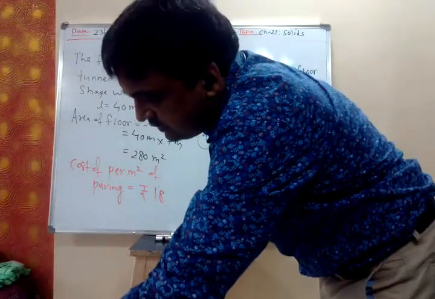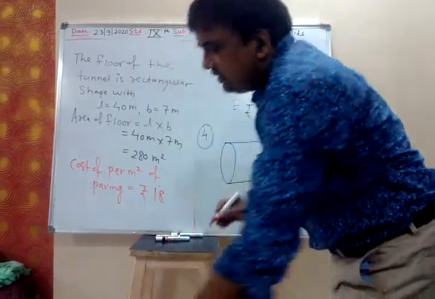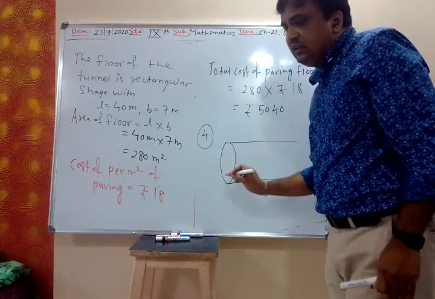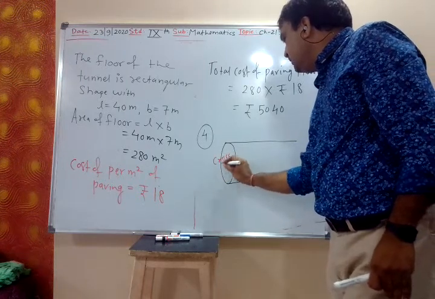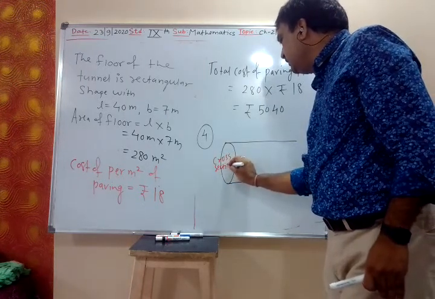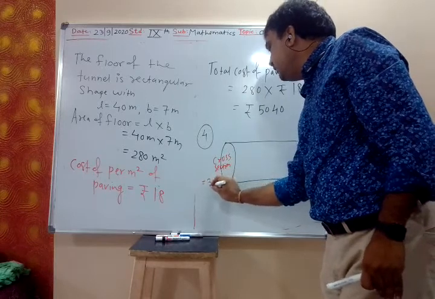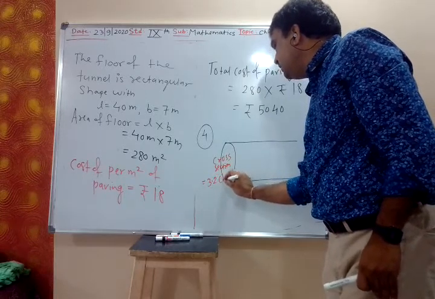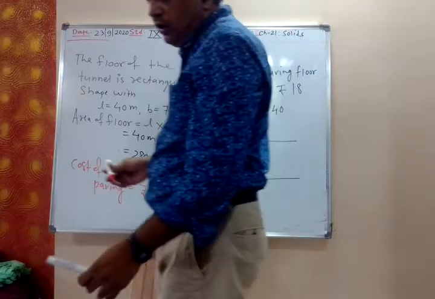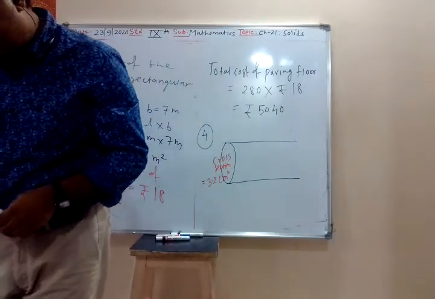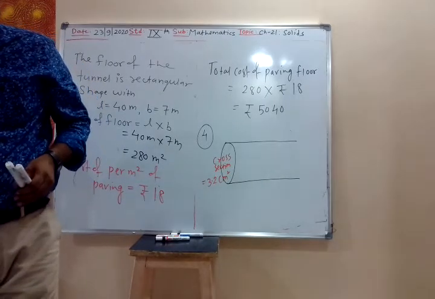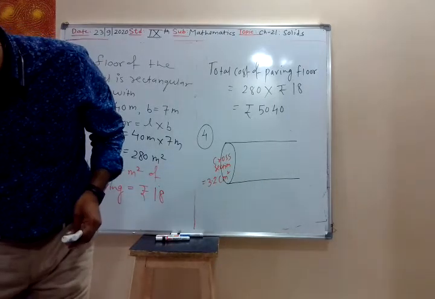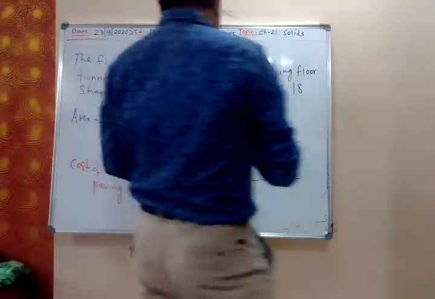The water is discharged from the pipe of cross section 3.2 centimeter square. This round one is 3.2 centimeter square. The cross section area is 3.2 centimeter square, and the speed of the water is 5 meter per second through this pipe.